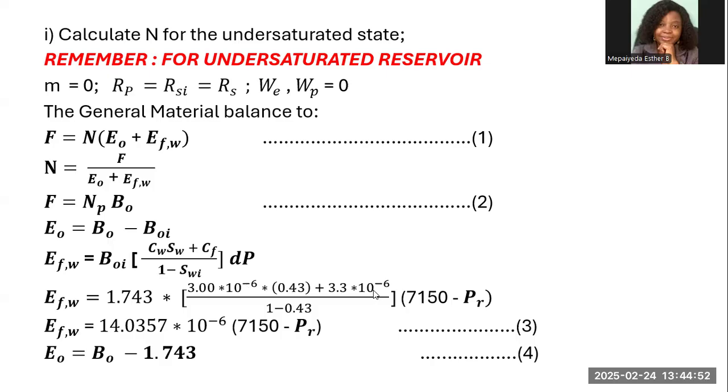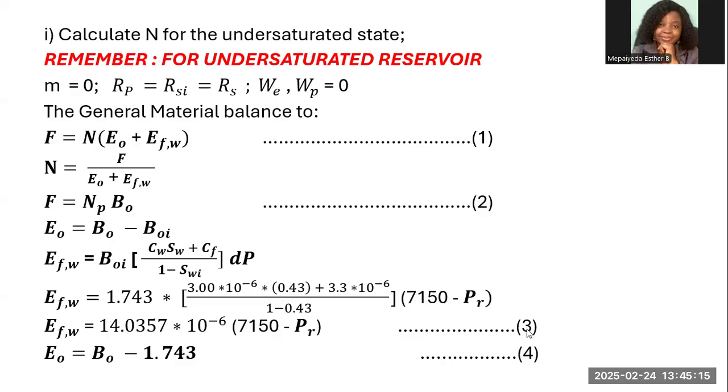And then the estimated Efw gives this. And then your Eo is Bo minus Boi. Remember I said we have corresponding Bos for each of the pressures. So it's Bo minus 1.743.